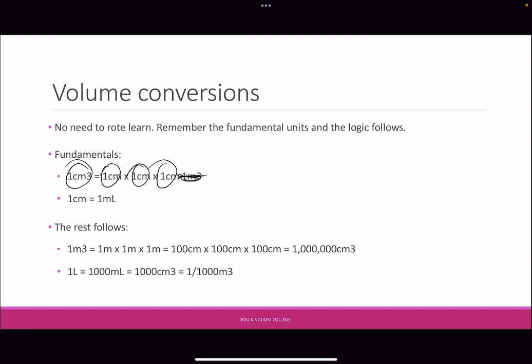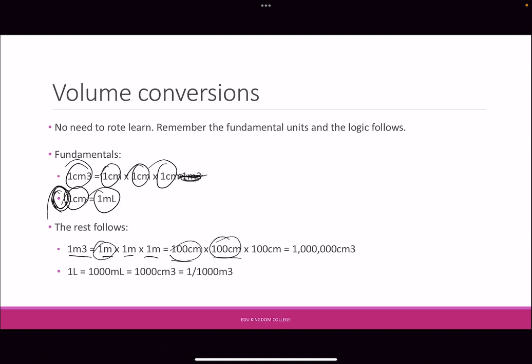And then in terms of calculating volume in liters and milliliters, 1 centimeter cubed is equal to 1 milliliter. All you really need to memorize is this point here, and you can see the rest follows. So 1 meter cubed is 1 meter times 1 meter times 1 meter, which is 100 centimeters times 100 centimeters times 100 centimeters, because a meter is 100 centimeters.